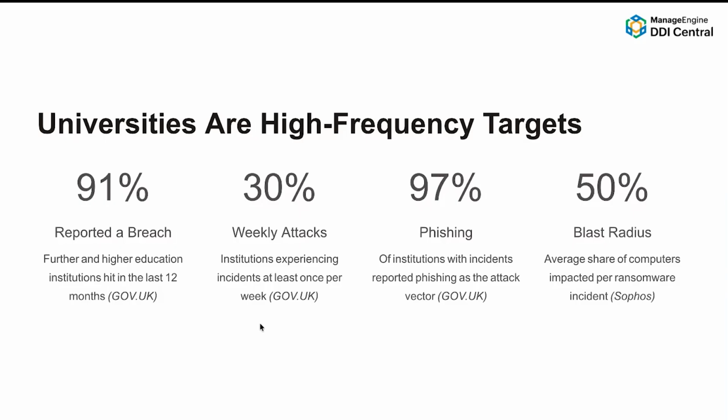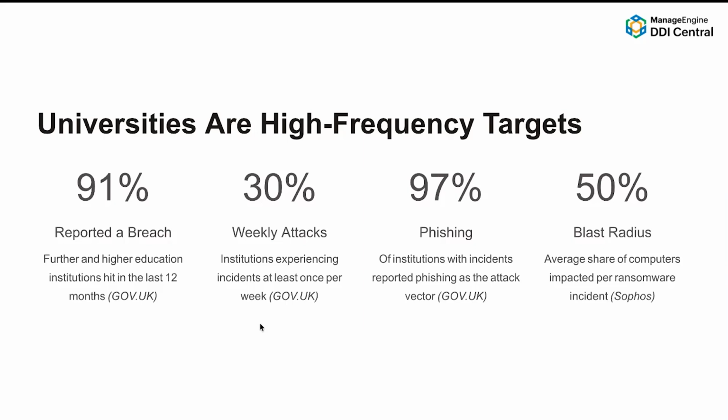So what's driving a lot of that volume? Phishing. 97% of institutions that had incidents reported phishing attacks. So the front door is still human trust: students, staff, faculty. Now, here's the part that matters for network teams. When ransomware does land, the blast radius is huge.